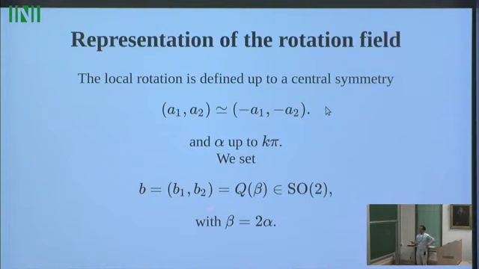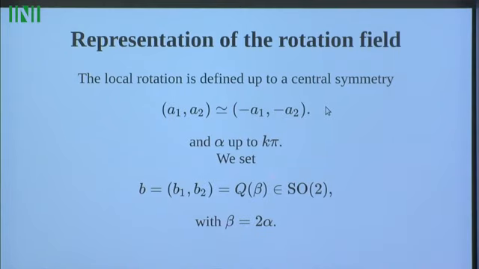Instead of optimizing with respect to alpha, we are choosing beta. Beta is 2 times alpha, so that beta is defined up to 2k pi, and we choose b to be equal to the rotation of angle beta. And this rotation of angle beta is independent of the representation of beta you have chosen, because it's defined up to 2k pi.